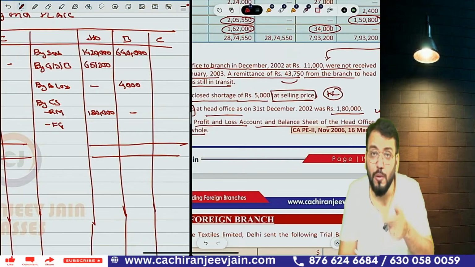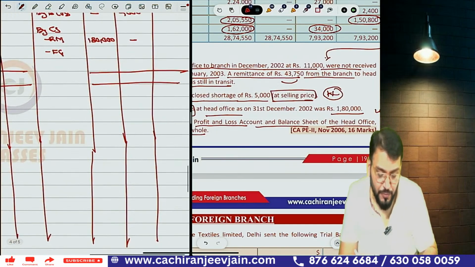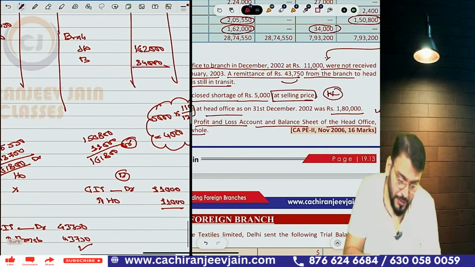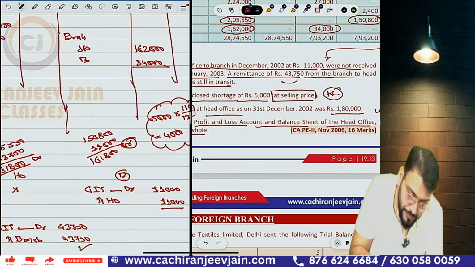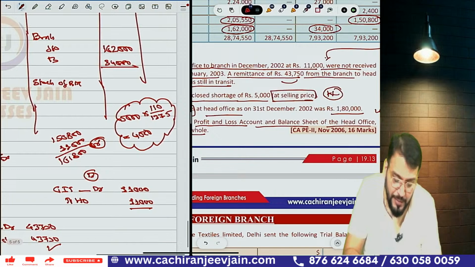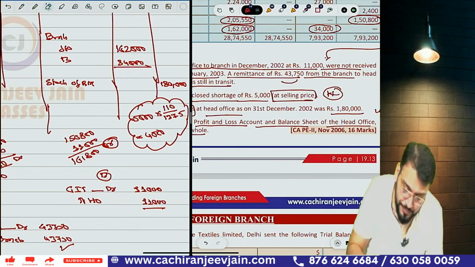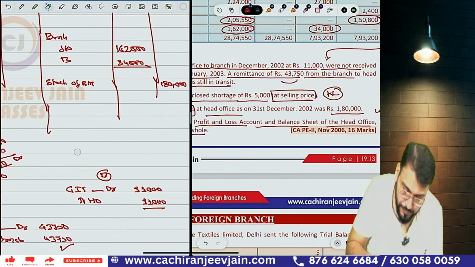This closing stock of raw material will also come in the balance sheet, because closing stock will be recorded in the balance sheet. We know from childhood. We write down the stock of raw material, that is only in the books of head office. Directly we can write it down in the outer column. That is how much? 1,80,000. Understood this point? Bolo.